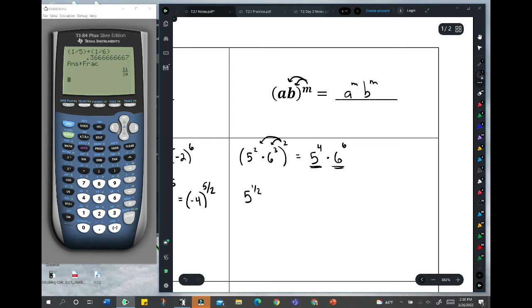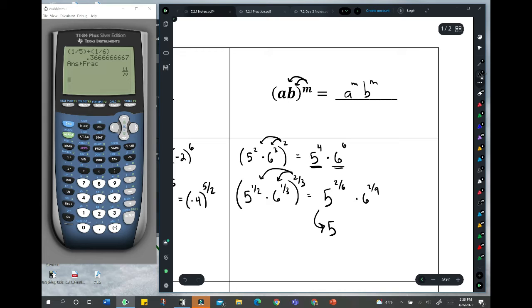If you had 5 to the 1/2 times 6 to the 1/3, once again, let's take it to the 2/3 power. With our fractions, you're going to distribute, and that would become 5 to the 2/6, and also times 6 to the 2/9.